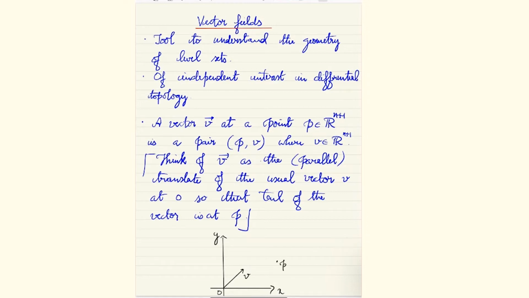Now the tricky part in drawing pictures is to draw them correctly. Hopefully this will look like it is parallel. Not quite, maybe I should tilt a little more, but I'll leave it at that. It looks slightly longer as well. But otherwise, you understand what I mean. So this is p comma v.